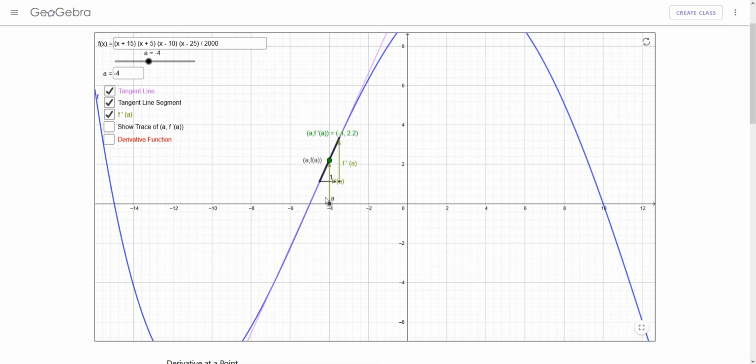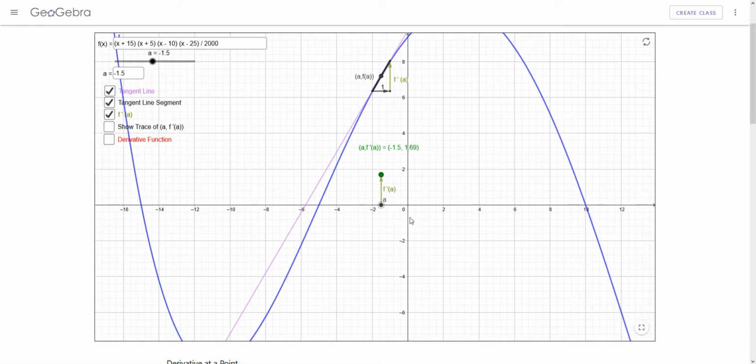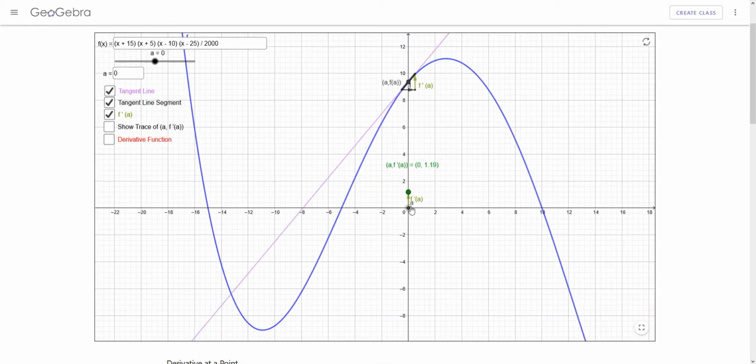Now I get a different number for that derivative, a different length here, or now it's a shorter length. Over here it's actually even negative. We're going down as we go to the right. So we can see as that tangent line segment is moving, we get different values as we move that point along.